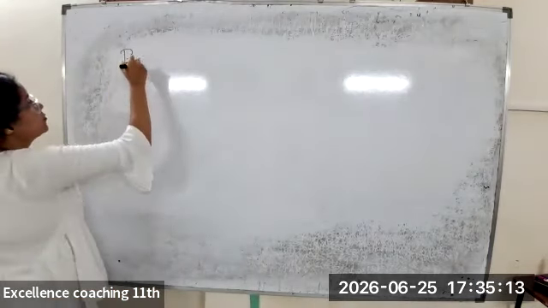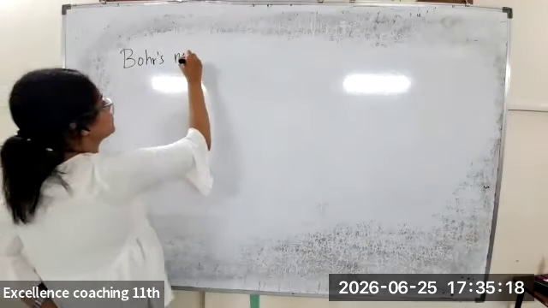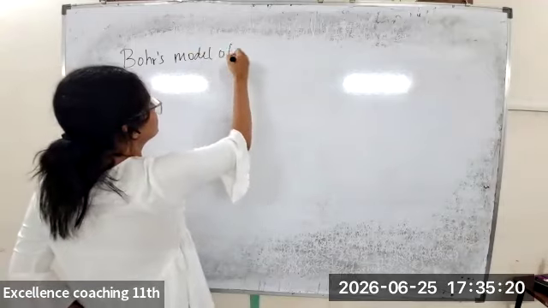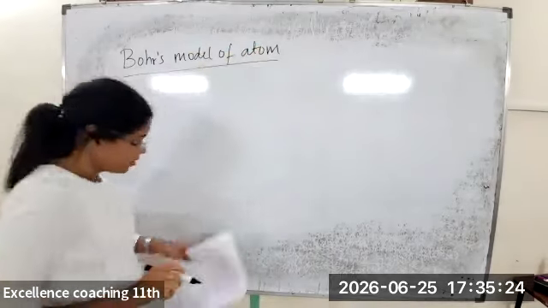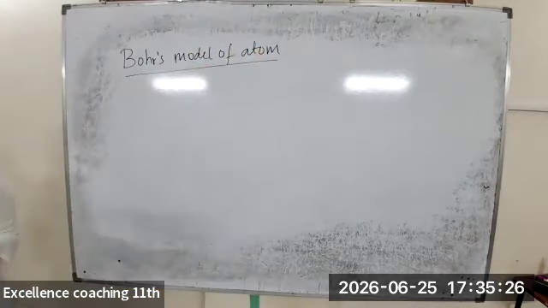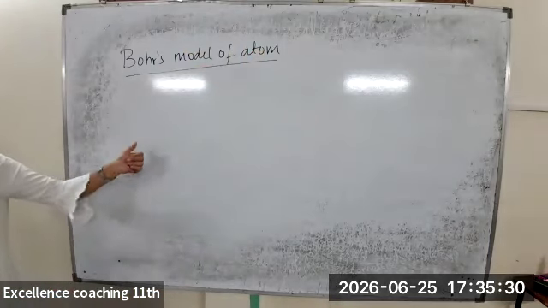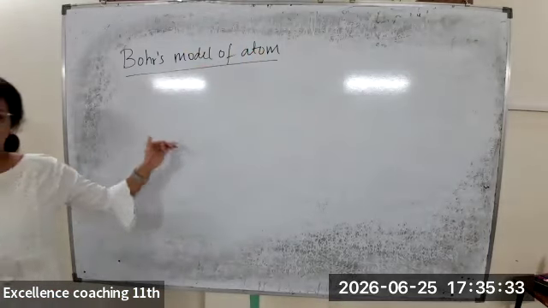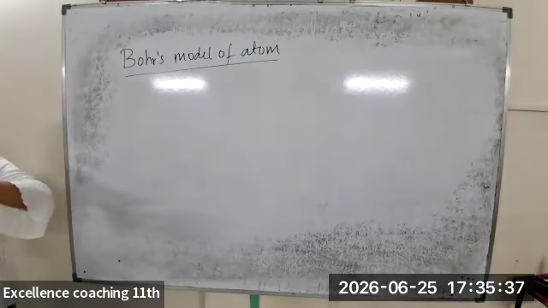Now going on to Bohr's model of atom. Okay. So basically, what this model explained was the atomic spectra of hydrogen. Probably in your next class you will study it, I will start with the hydrogen spectra.